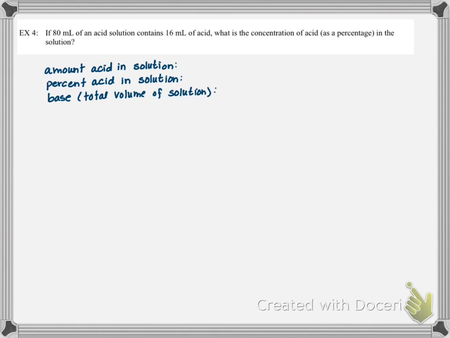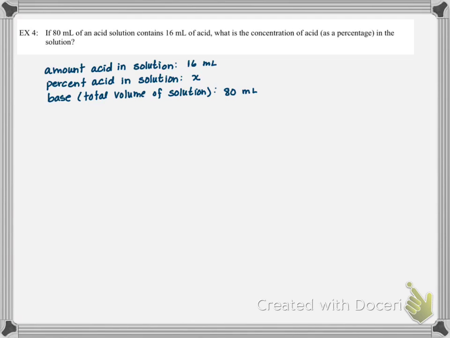And the setup is basically exactly the same. So all the labeling is the same. But the amount of the acid in the solution is given, so that's our 16 milliliters. We don't know what the concentration is or the percent of acid in the solution. And then the total volume of the solution is also given. It's 80 milliliters.